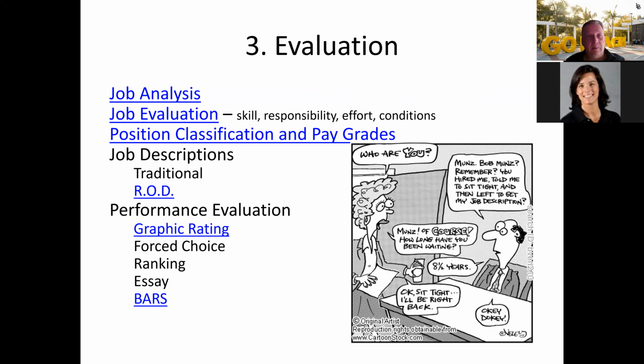So the more responsible jobs that require more supervisory responsibilities or more specific training and education are going to get classified higher and compensated at a higher amount than a lower level, more basic position. So how do we do evaluation?